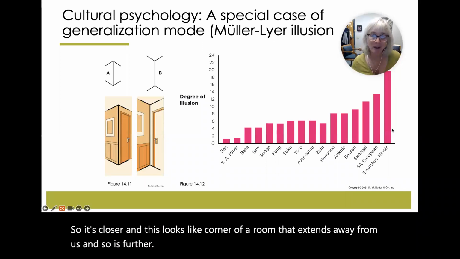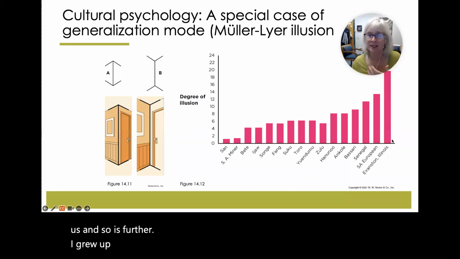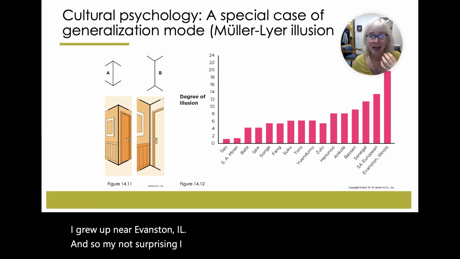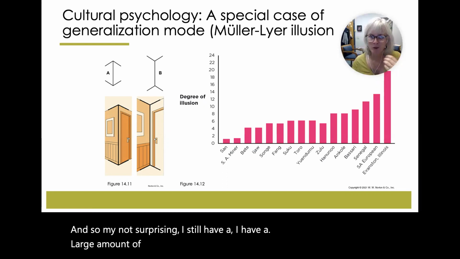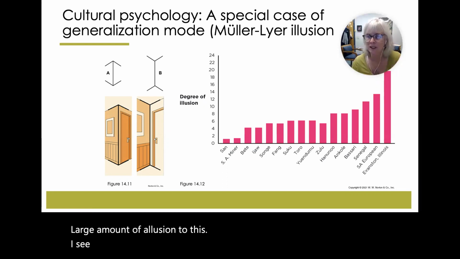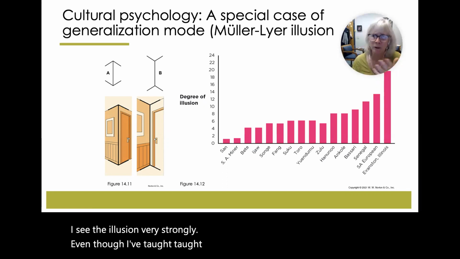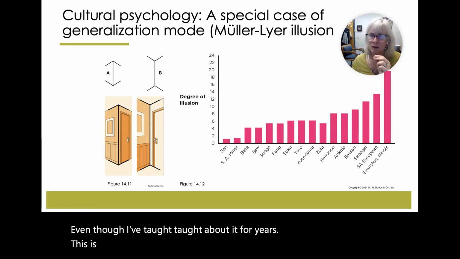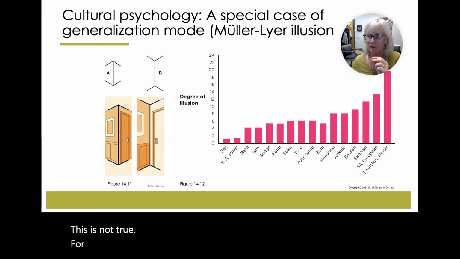Now, I grew up near Evanston, Illinois, and so not surprisingly, I have a large amount of illusion to this. I see the illusion very strongly, even though I've taught about it for years. This is not true for all cultures, however.